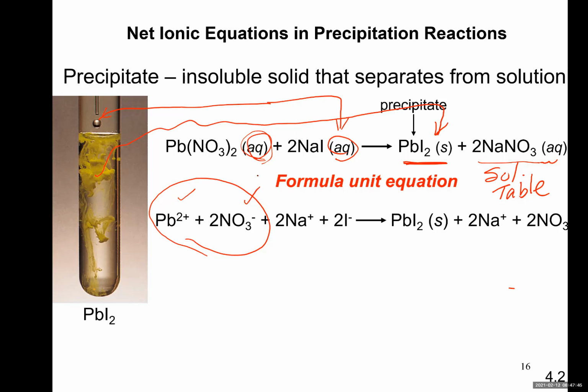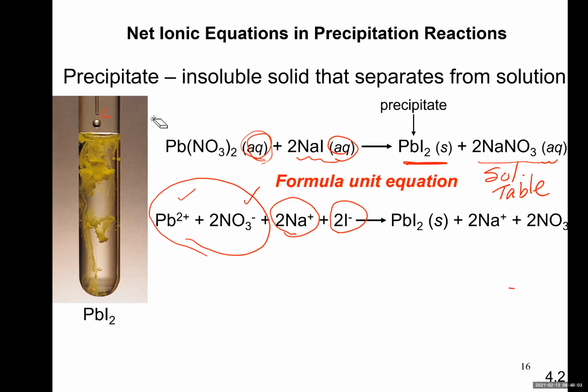So I could say the same thing about sodium iodide, because based on the solubility table, I can tell that it's water soluble. That means in water it breaks down to a positive ion and a negative ion. And PbI2 is not water soluble, it's a precipitate. That means it doesn't break down in water, it stays as PbI2.